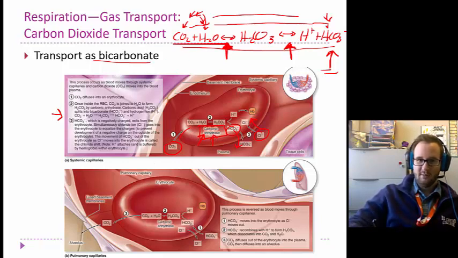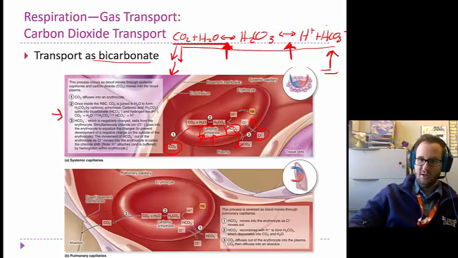As you pull more and more carbon dioxide out, you're going to have less interacting with water, so this reaction actually goes in the opposite direction.